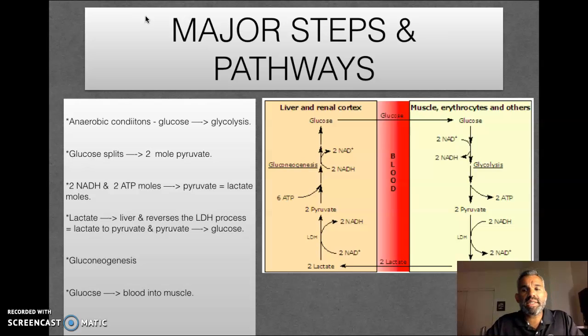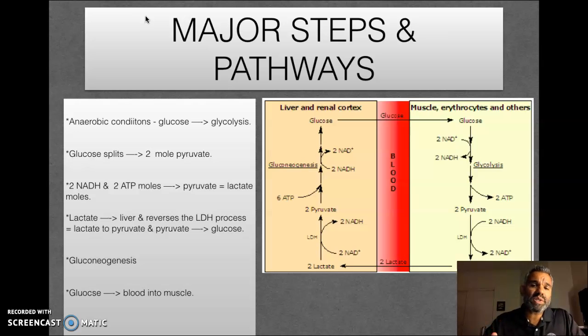Once lactate is produced in the muscle, it is then taken into the bloodstream and then taken into the liver. And once that lactate is in the liver, the reverse process happens. Lactate via the LDH enzyme converts back into pyruvate. Pyruvate through a process we call gluconeogenesis converts back into glucose.